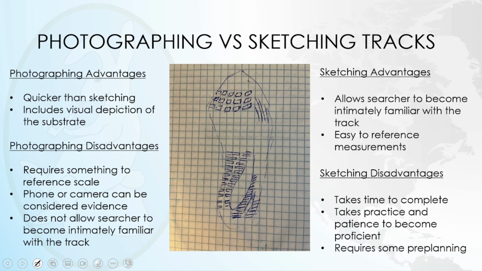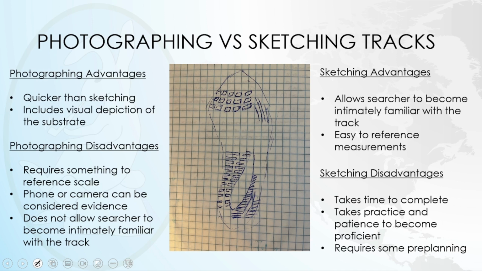Your phone can be potentially collected, so it puts you at not a great advantage whenever you're photographing tracks. And it does not allow the searcher to become intimately familiar with the track, which is something that a sketch would be able to.